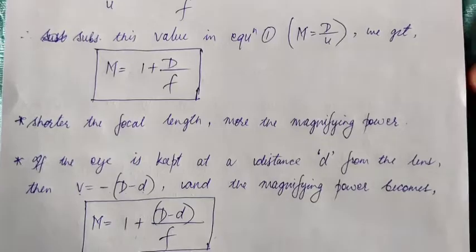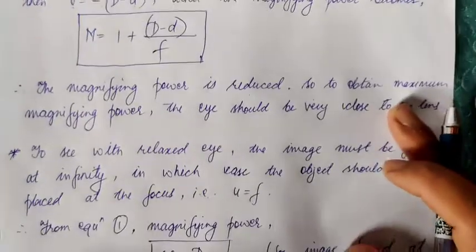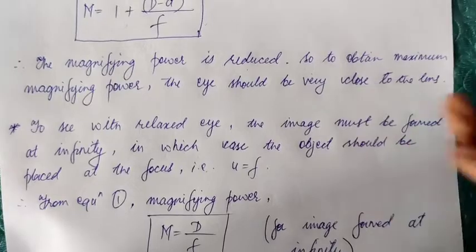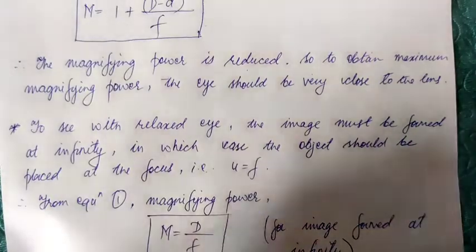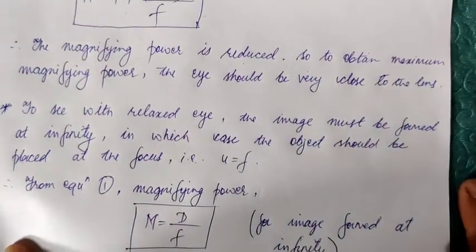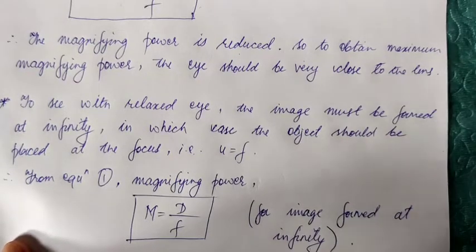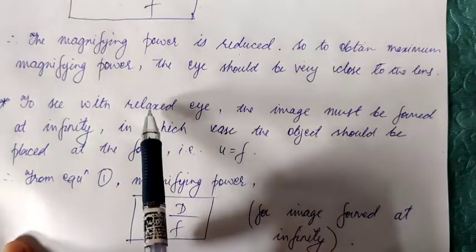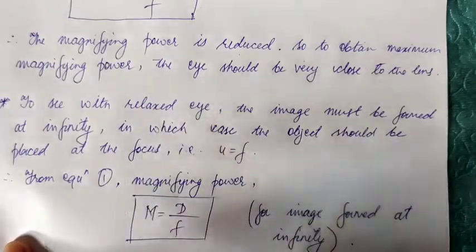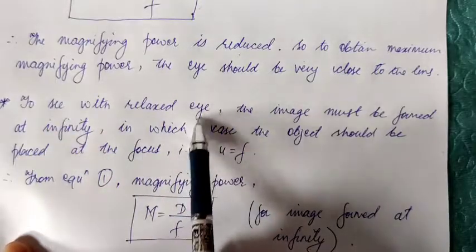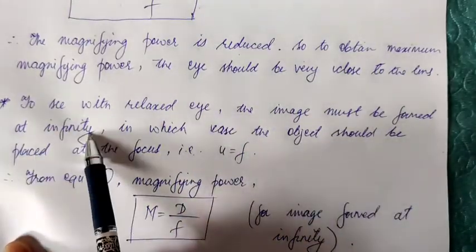All right. Now there is another case that we need to discuss, that is when the image is formed at infinity. Now what happens if the image is formed at infinity, in which case the eye is in the most relaxed state? So to see with relaxed eye, the image must be formed at infinity, of course.